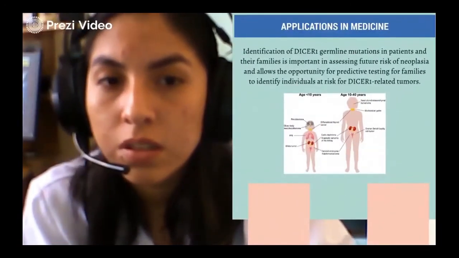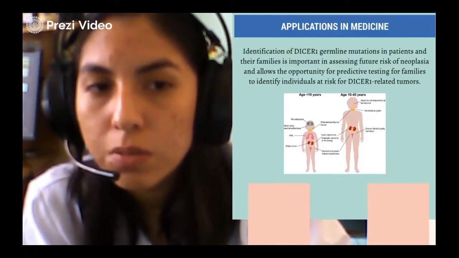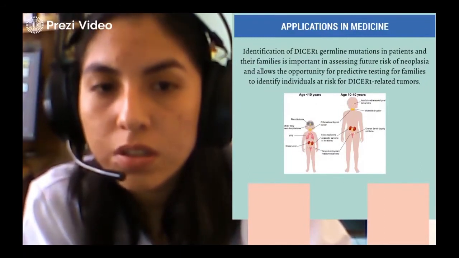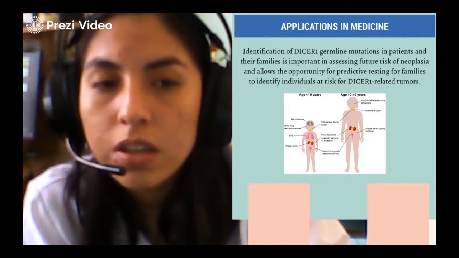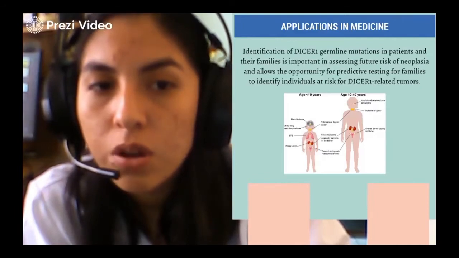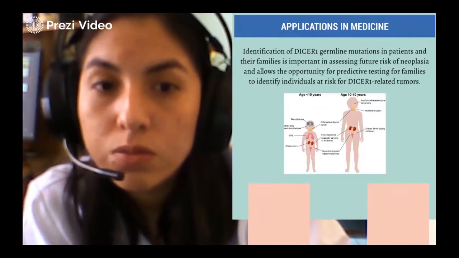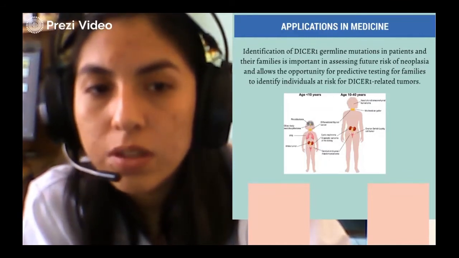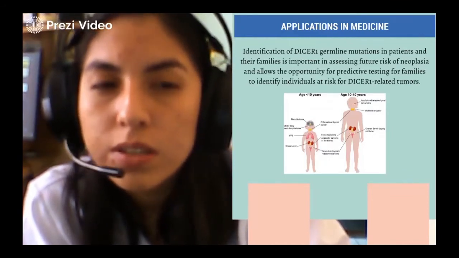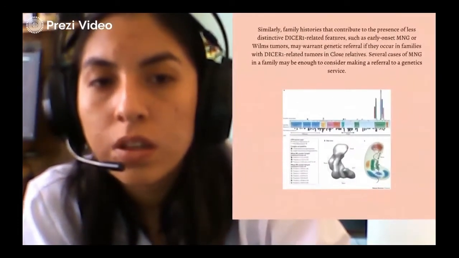Applications in medicine. Identification of DICER1 germline mutations in patients and their families is important in assessing future risks of neoplasia and allows the opportunity for predictive testing for families to identify individuals at risk for DICER1-related tumors.